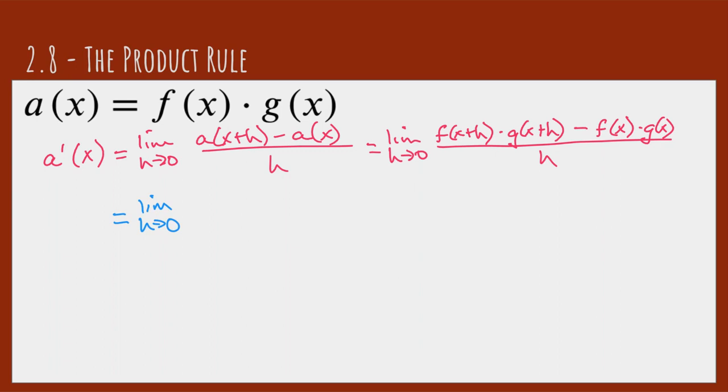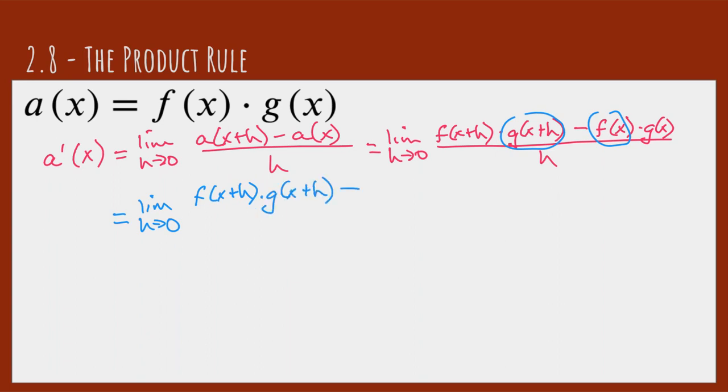What I'm going to add and subtract is something that will allow us to factor with this factor here and this factor here. So I'm going to subtract first. My first term stays the same: f of x plus h times g of x plus h.